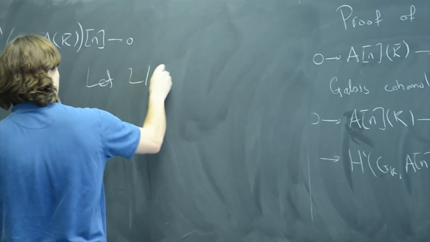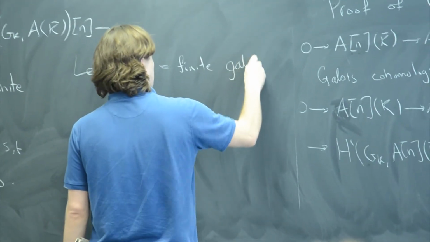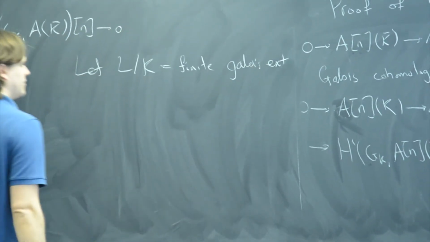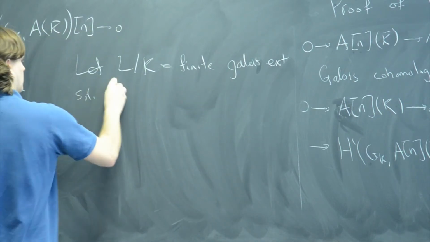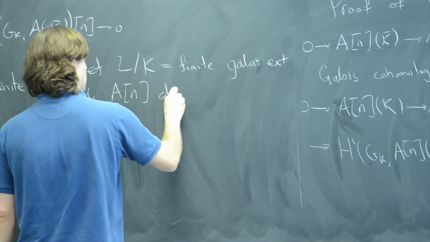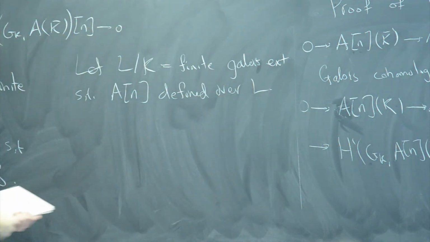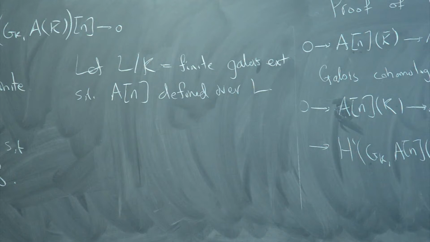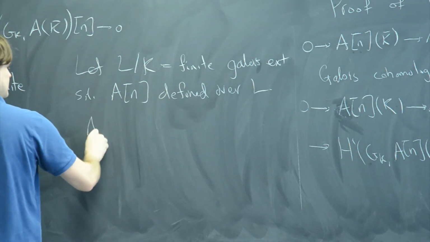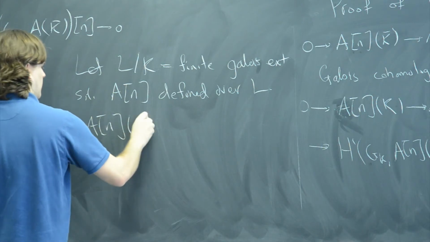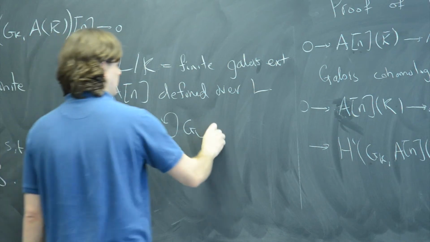So let L over K be a finite Galois extension such that all the n-torsion is defined over L. And all I mean by this phrase is that if you look at the action of the absolute Galois group of L on this thing, this action is trivial.